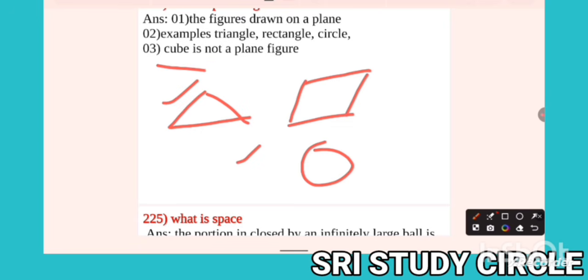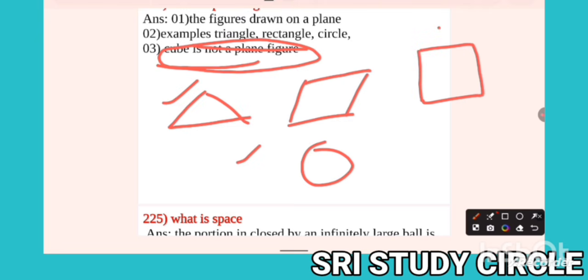A cube is not a plane figure. Suppose this is also one figure, but an object cube is not a figure. That one is an object, a 3D object. So this is a figure.